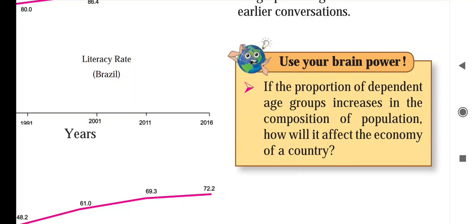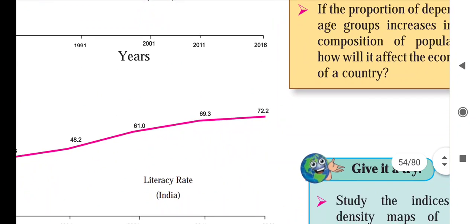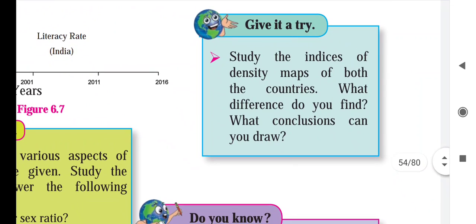So if the number of the dependent class increases, then of course it will affect the economy of the country, because to provide them facilities, food and all the things, there will be pressure on the working class, and of course the pressure will be on the government also. Like that it will affect the economy of the country.